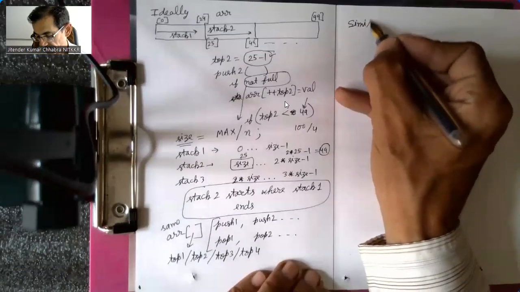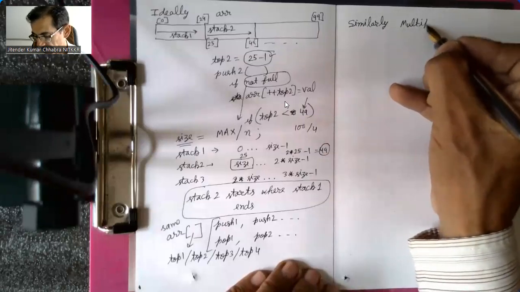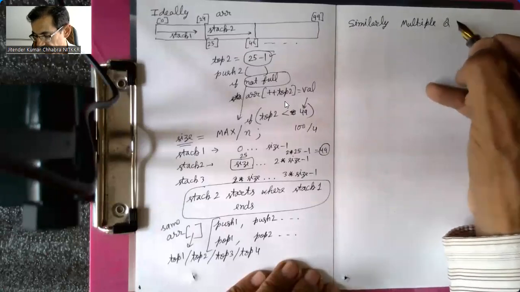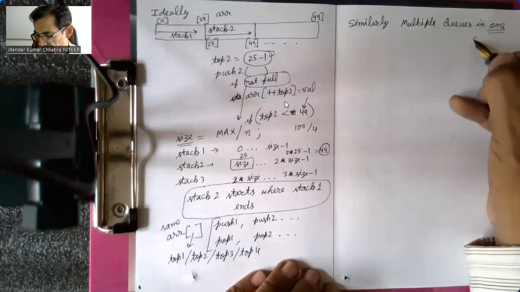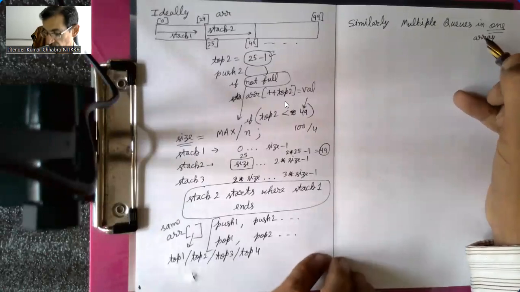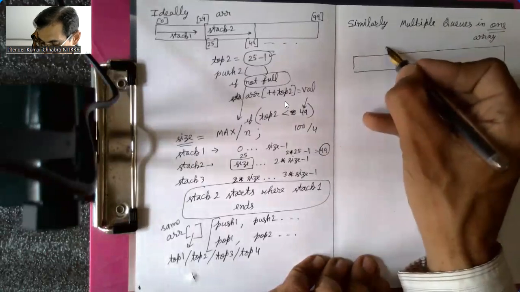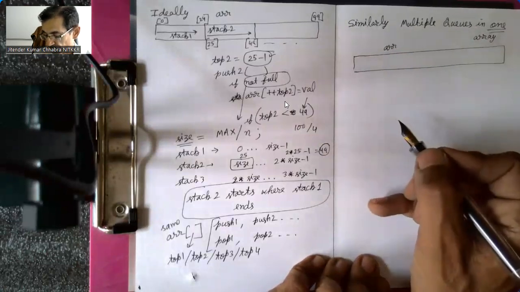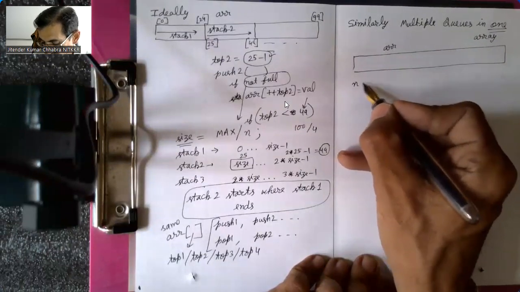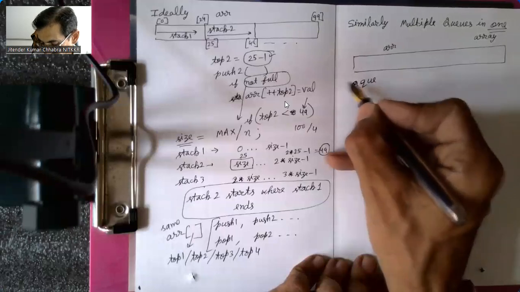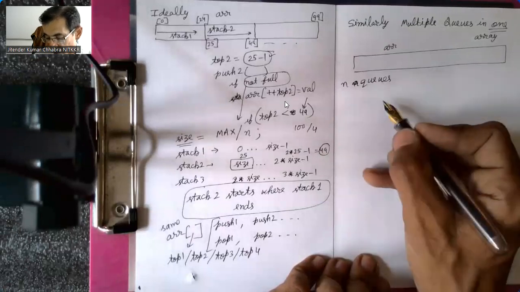Similarly, there can be multiple queues in a single array. In one array. So if I have this much big array for storing multiple queues, let's say I want n queues, I can always have the same space optimally utilized among all of them.